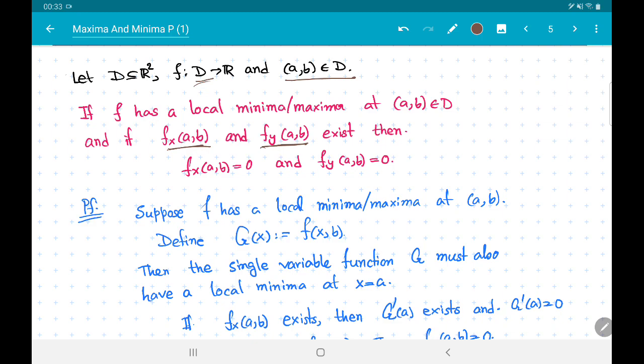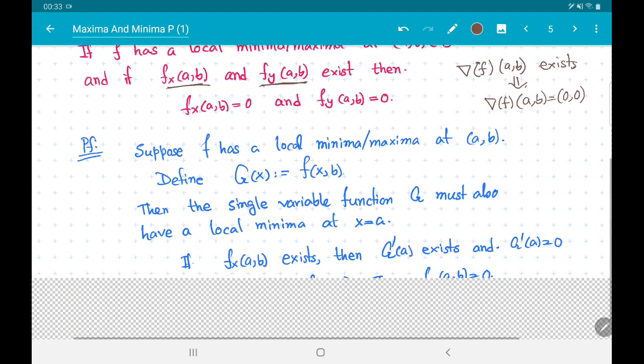In particular, what it says is the following, that if the gradient of f at the point (a, b) exists, then it is equal to 0. So gradient of f at (a, b) is equal to (0, 0).